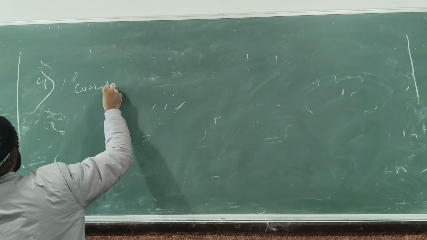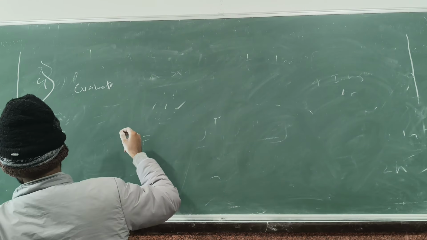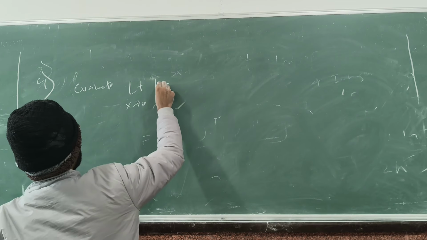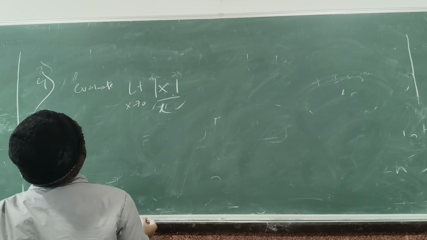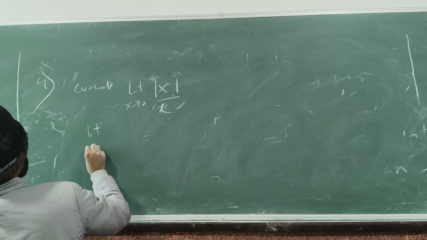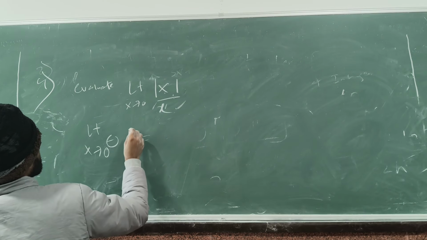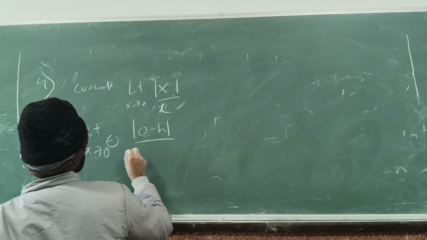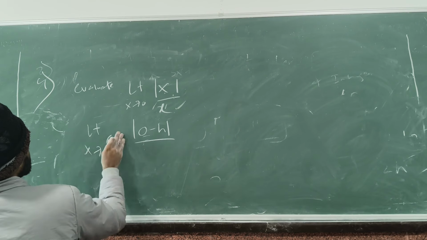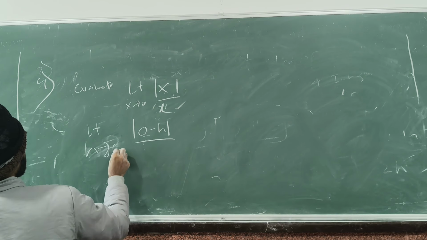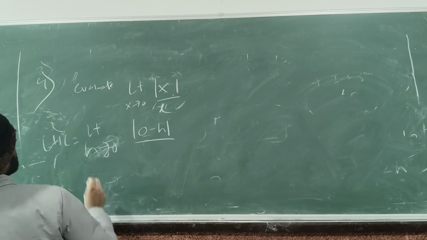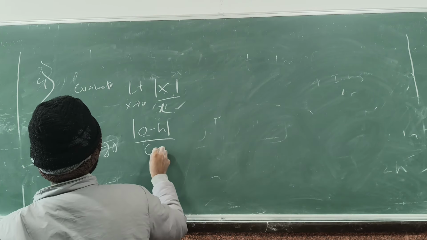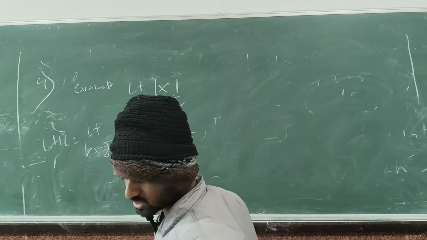Evaluate limit x tends to 0 of mod x by x. So first, limit x tends to 0 minus of mod x by x. We take the left hand limit, so it is 0 minus h, mod of minus h by minus h.